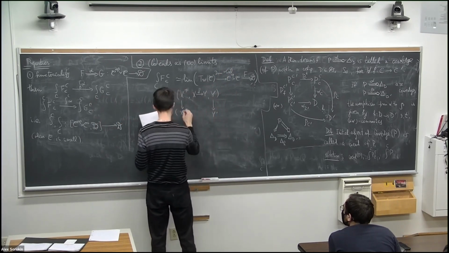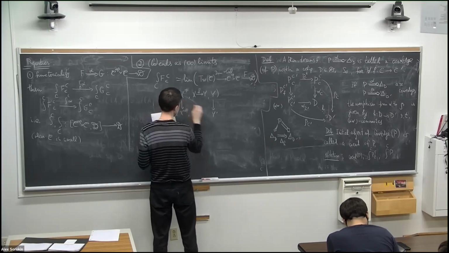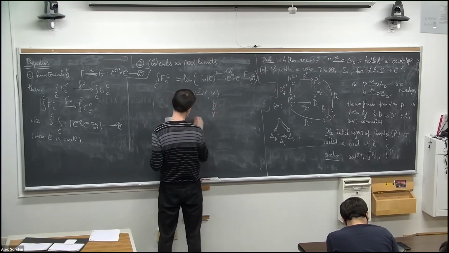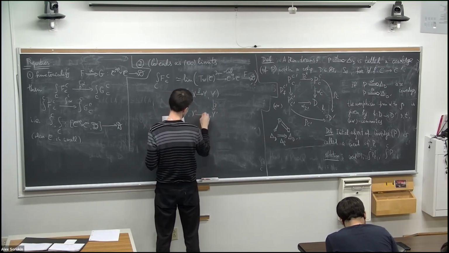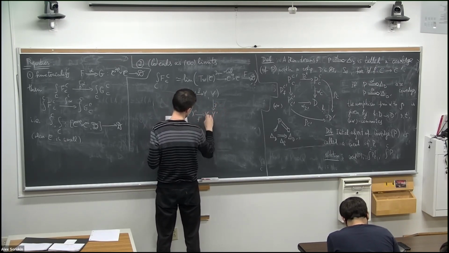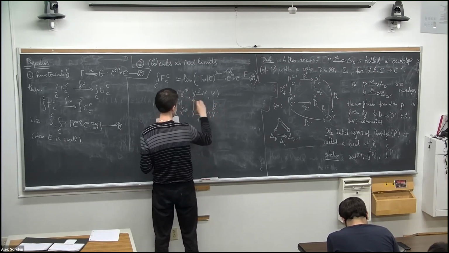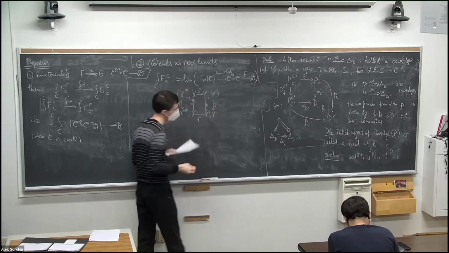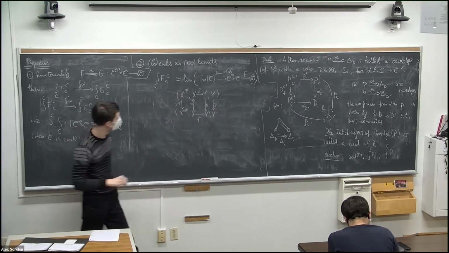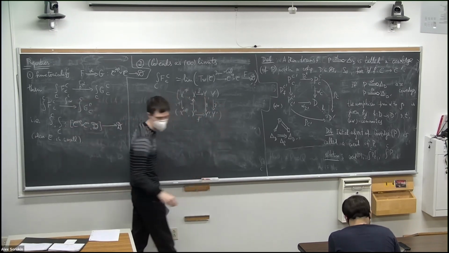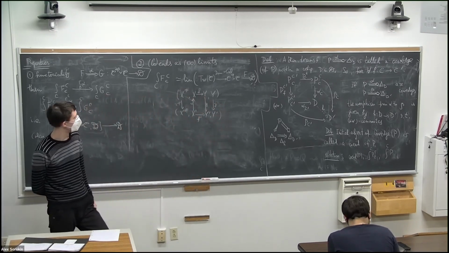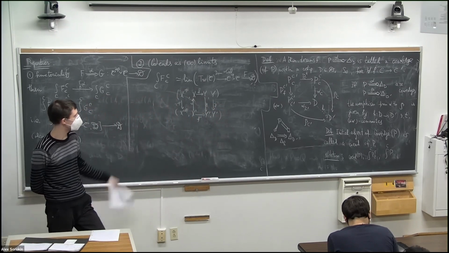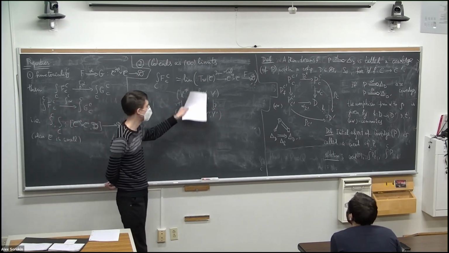This is called X, this is called Y. Here will be arrow f prime from X prime to Y prime. Here will be Y, here will be X. So these are morphisms between two objects. That's how a morphism between two objects looks in a twisted arrow category.